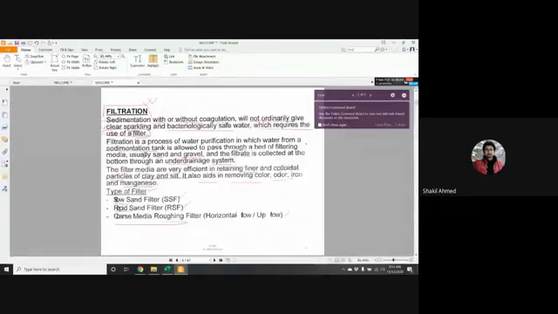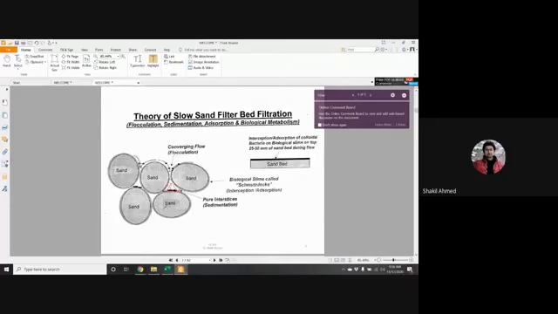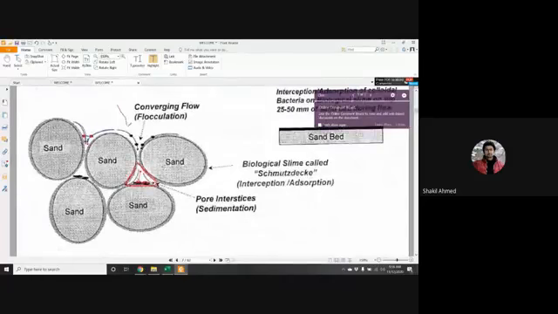Flocculation is happening here. And adsorption is also happening here. How? Here you have bacteria in this water. This is wastewater, right? Wastewater has organic matter.